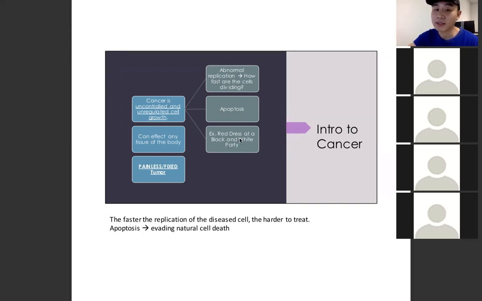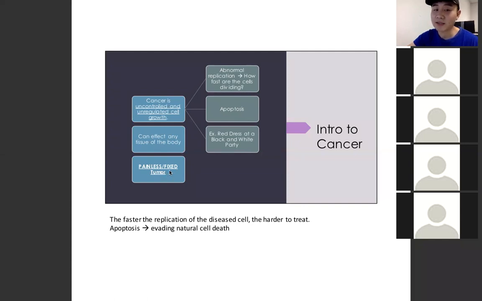Example: a red dress at a black and white party. The red dress would be the cancer cells, and it comes to the party where there are other cells, and they start making other cells, copying them, and the mutation, the cancer, is spreading. That's what that means. It can affect any tissues of the body: skin, bone, lungs, breast, colon.